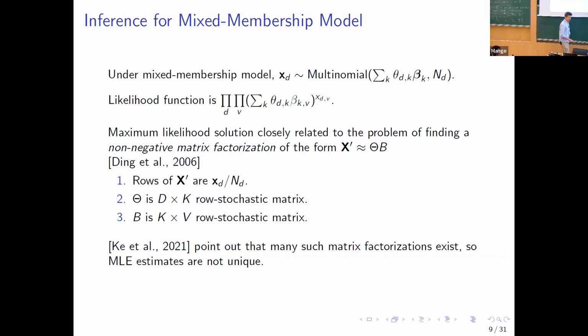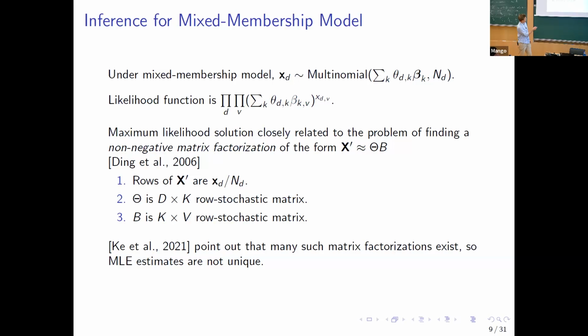Right, so here is the formal notation for this model. I'm still modeling documents as coming from multinomial distributions. But the way I form the document-specific multinomial is by taking a document-specific weighting.